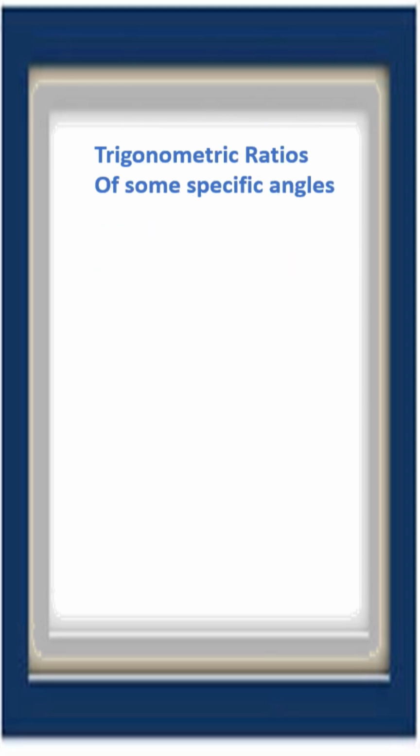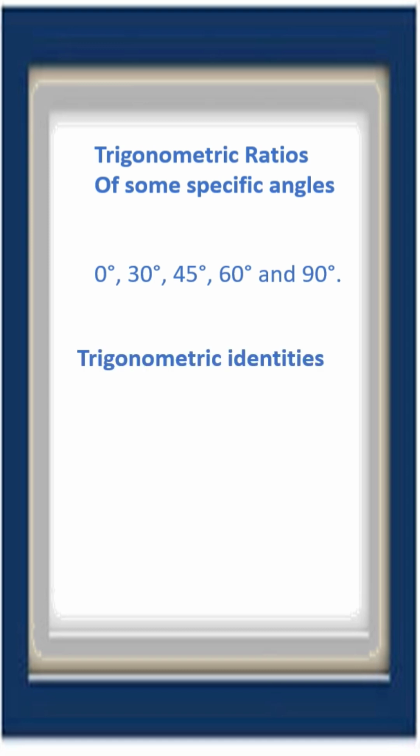Now, trigonometric ratios of some specific angles, which are 0 degree, 30 degree, 45 degree, 60 degree and 90 degree. We have learned hand trick to find the values of these angles. Okay, now trigonometric identities, which are also known as Pythagorean identities.